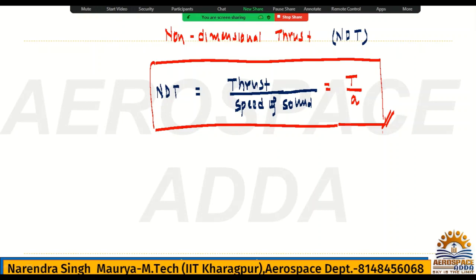One last analysis we have left, so it will take hardly 10 minutes, and we'll complete that also. That condition is called thrust power. What is the condition to get maximum thrust power? That is the analysis here. And what is the propulsive efficiency at the maximum thrust power condition? That is the analysis.